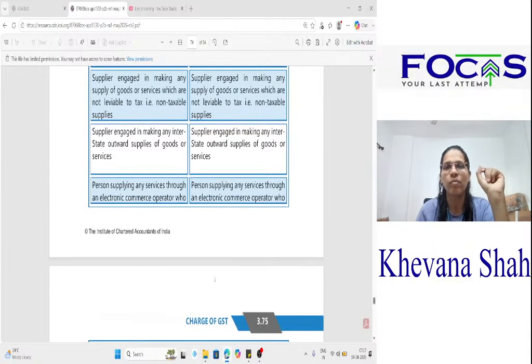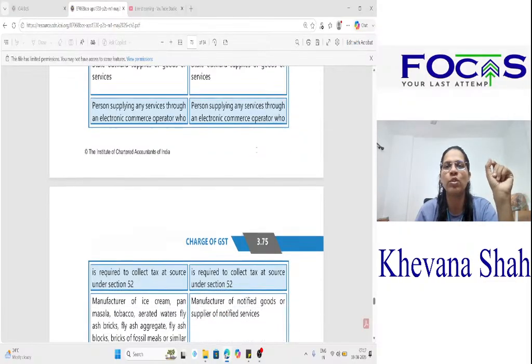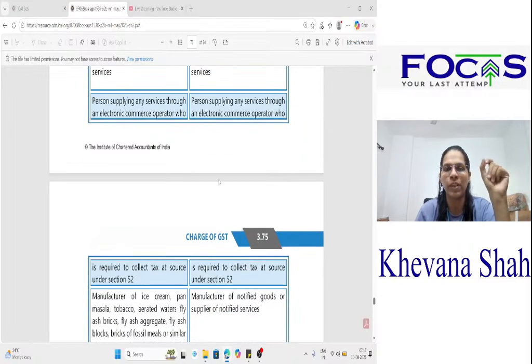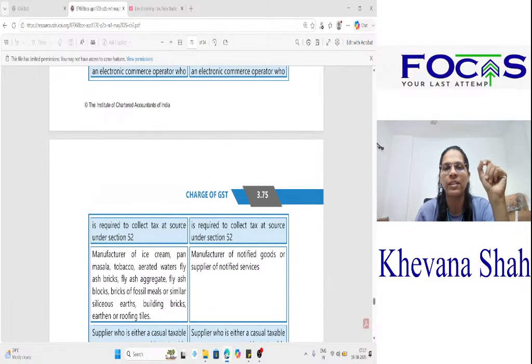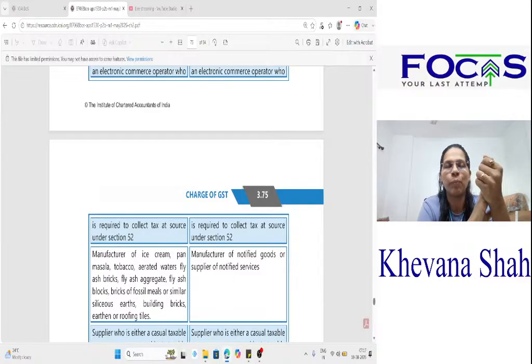Then the next one is: person supplying any services through an electronic commerce operator who is required to collect tax at source under section 52. Again, this is a common point.